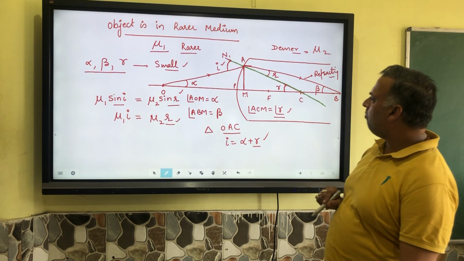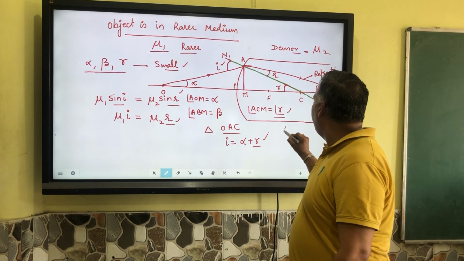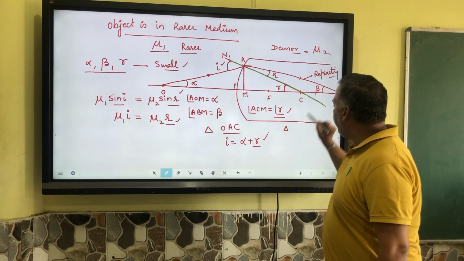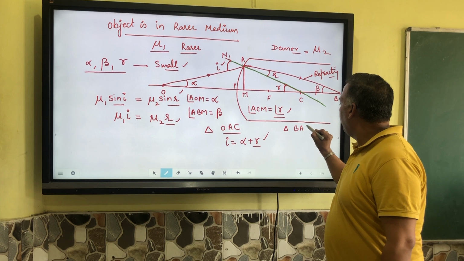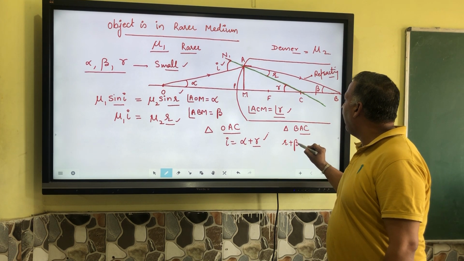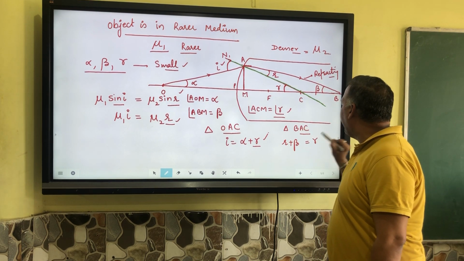Similarly, now I will take the triangle BAC. Here r plus beta are the two inner angles and gamma is the outer angle.